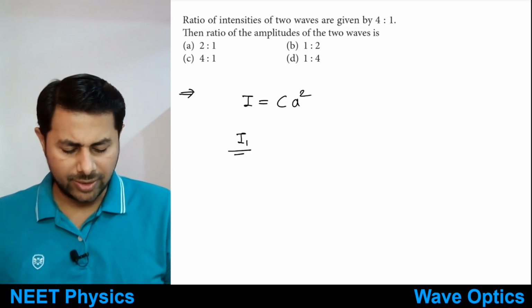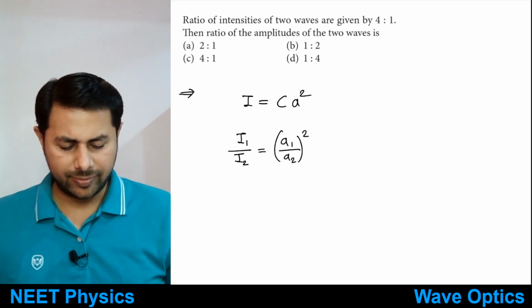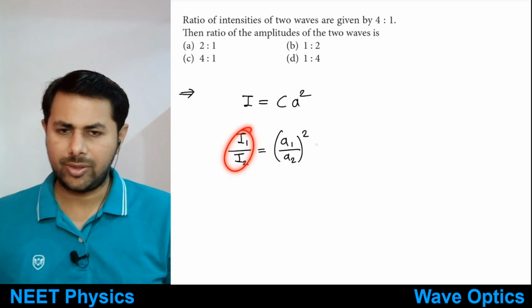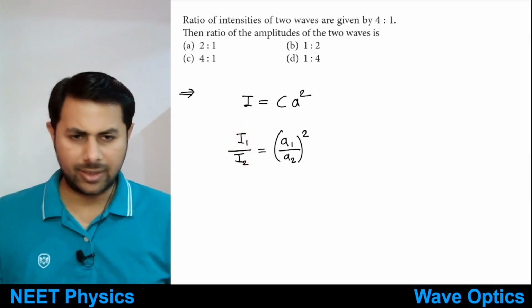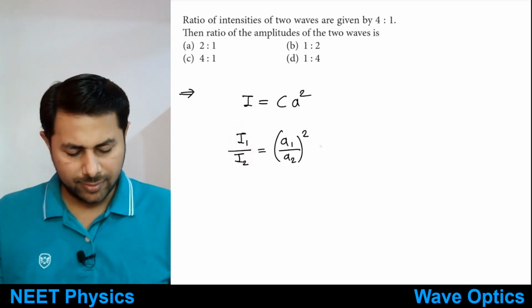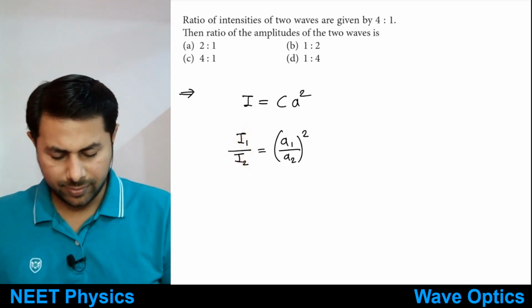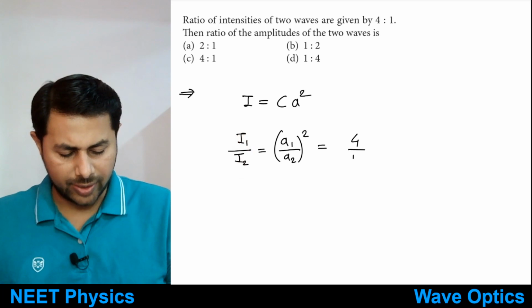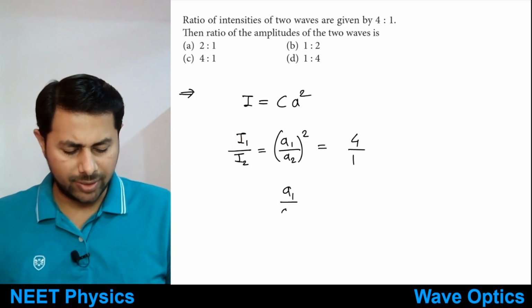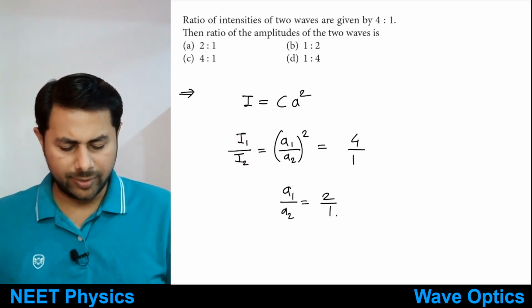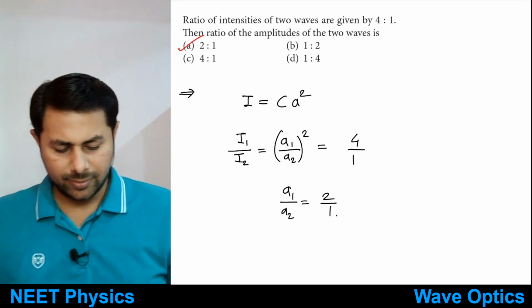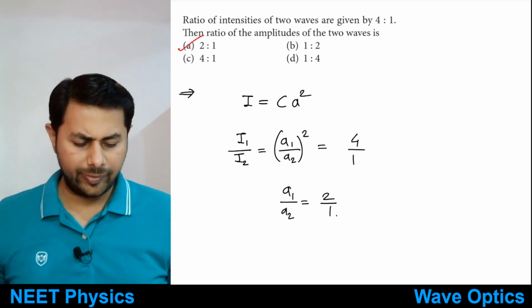What would be I1 is to I2? It is just a1 by a2 square, and this is given to be equal to 4:1, right? Therefore A1 by A2 would be just equal to 2:1. Okay, very simple.